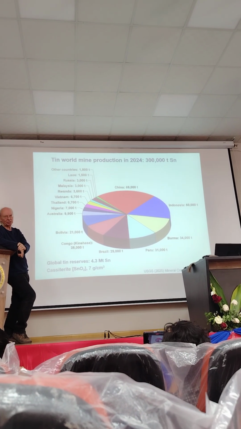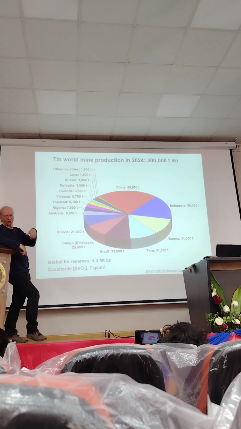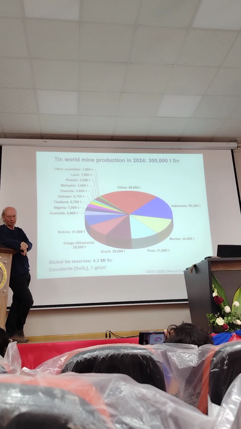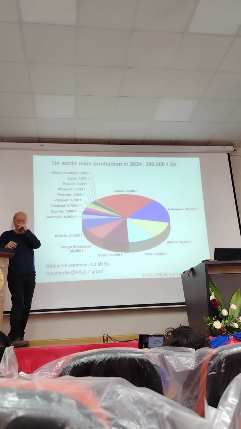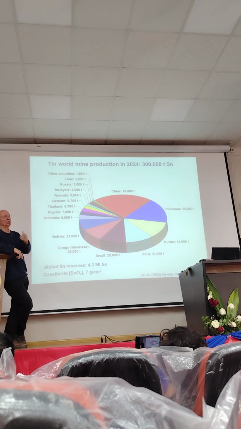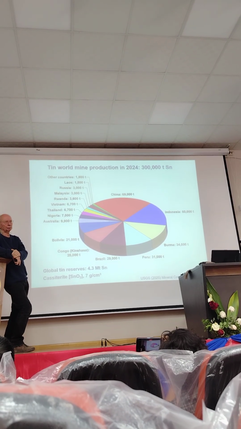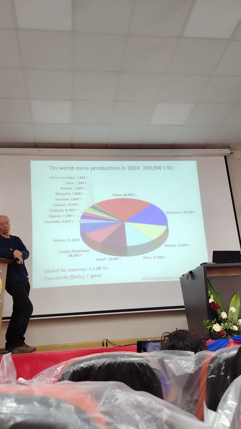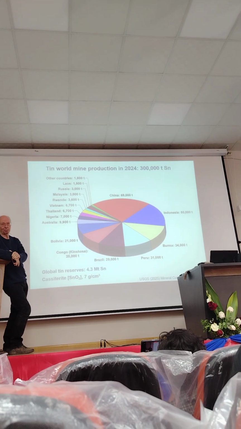There is no primary tin mining in Indonesia. It's all recycled tin. The cassiterite which they are mining now is a heavy mineral in the alluvial and marine sediments. Originally, it was of course in hydrothermal deposits, which became weathered with time.